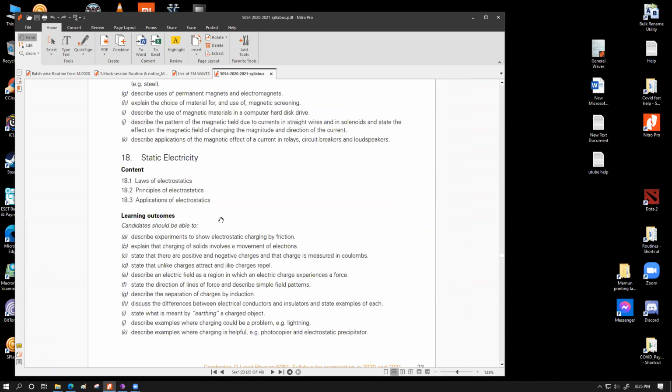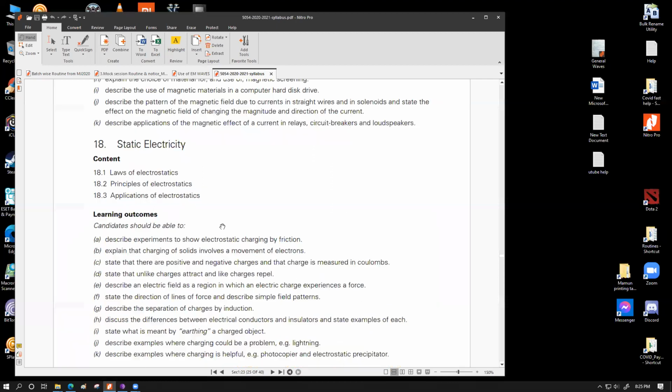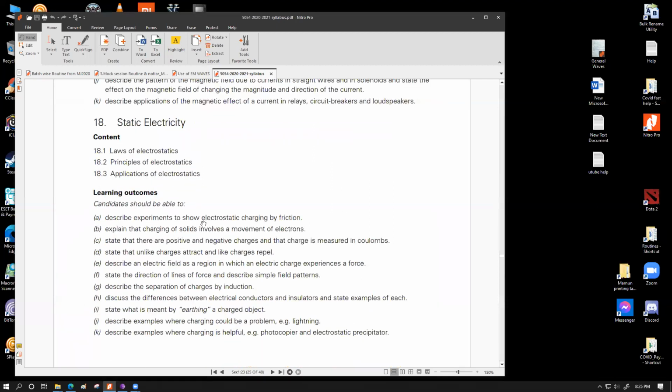আচ্ছা, স্ট্যাটিসটিক্সে কি কি আছে আমরা একটু খেয়াল করি। এখানে আছে হচ্ছে describe the experience by friction, explain that charging involves movement of electrons, state that there are positive and negative charges and the charge is measured in coulombs, state that unlike charges attract and like charges repel, so you have to know this information. Describe an electric field as a region in which an electric charge experiences a force.